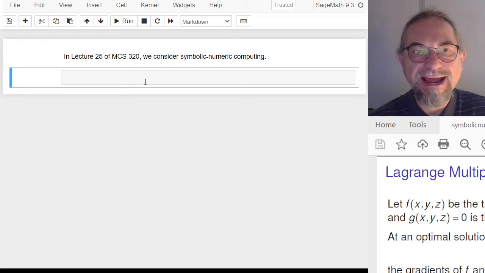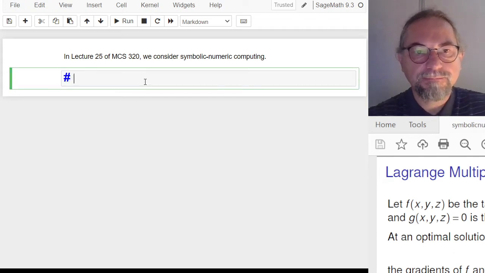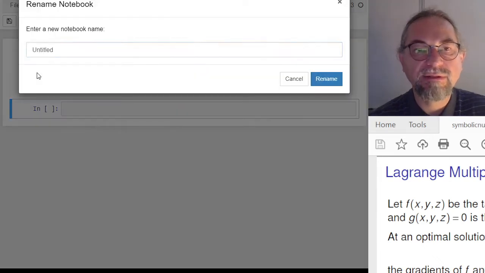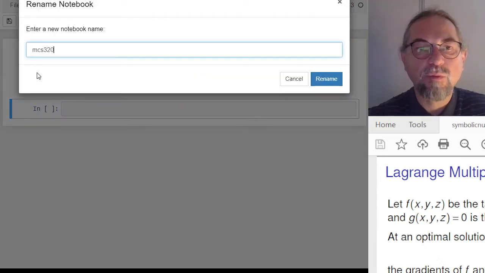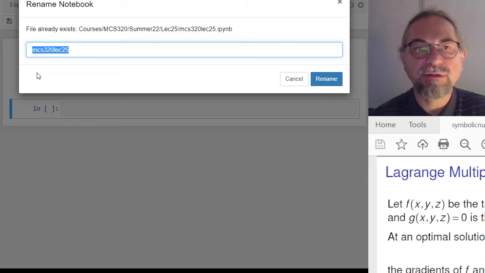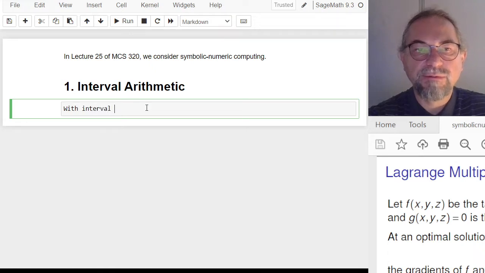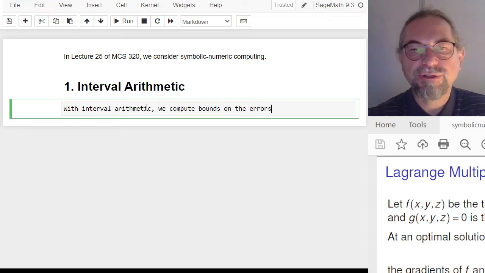We can compute accurately and efficiently. And we will introduce interval arithmetic. Interval arithmetic is useful in that it provides us with bounds on the errors of our calculation. So with interval arithmetic, we compute bounds on the errors.